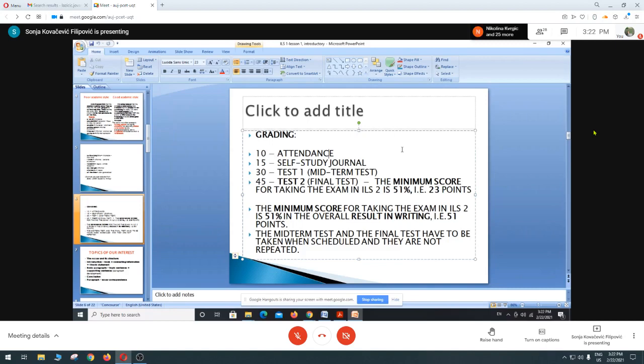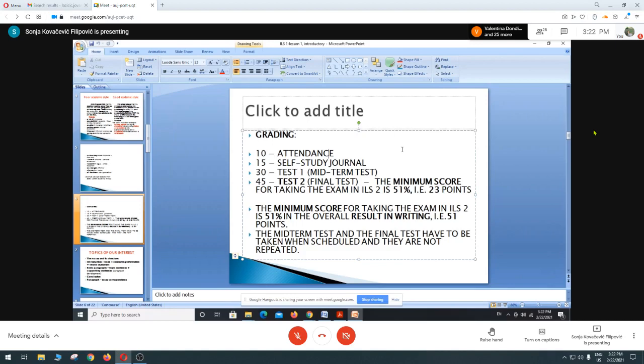So I would expect you to prepare yourselves for classes by reading particular essays in advance, so that we don't lose time on you reading in class, but immediately get down to analyzing essays and other aspects of writing that we're going to be studying. Also, you're going to get some tasks from time to time to do for the next class.